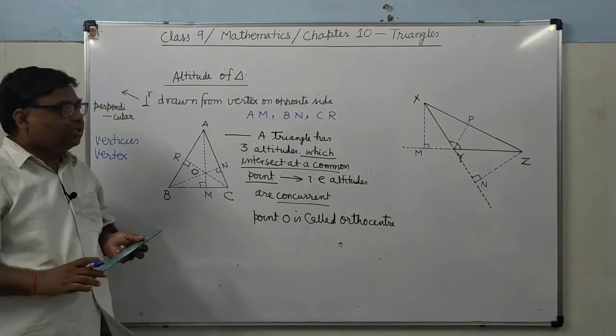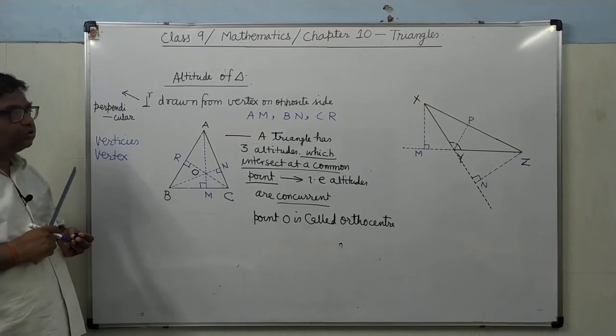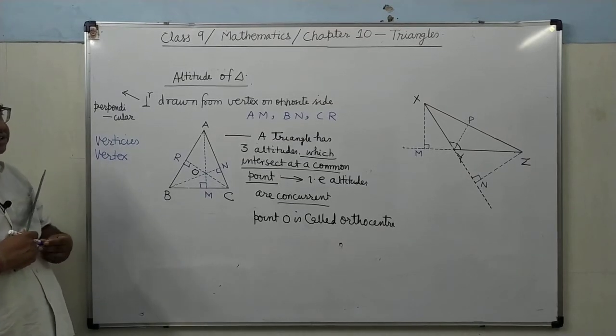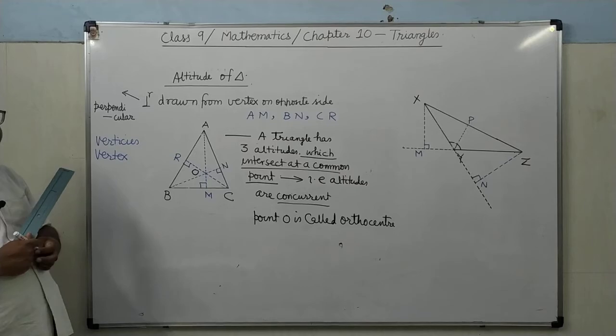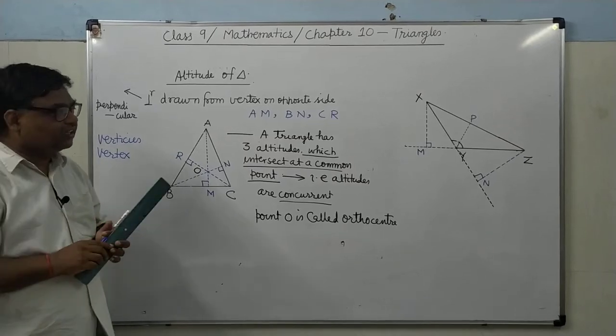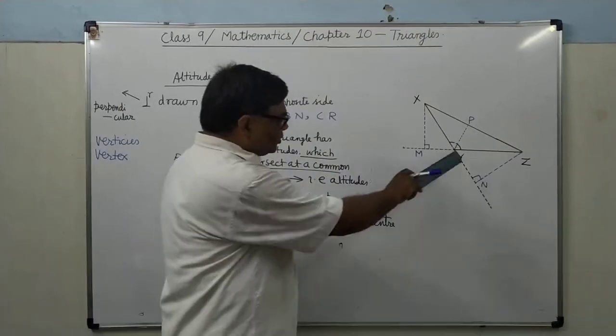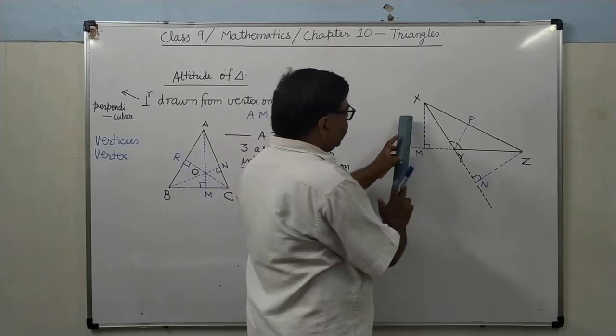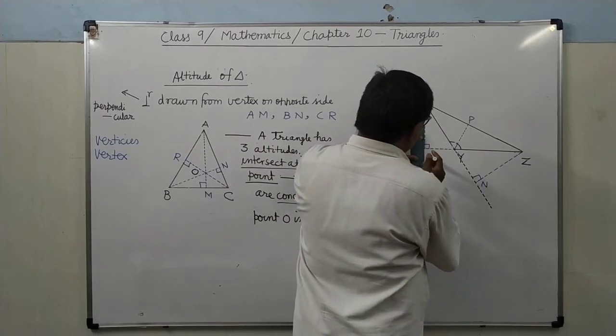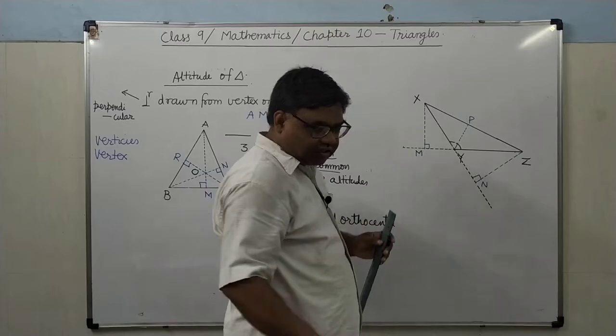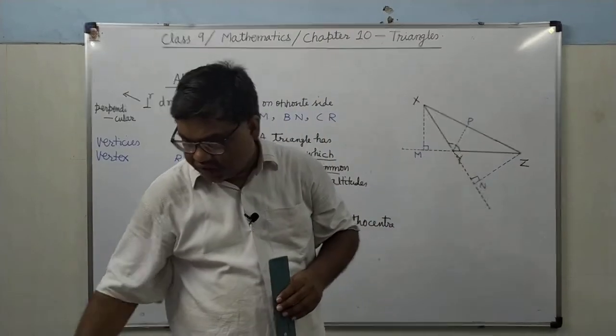Now if you produce these altitudes xm, zn and py on the other sides, what will happen? They will appear to intersect at this point. I am drawing with a different pen.